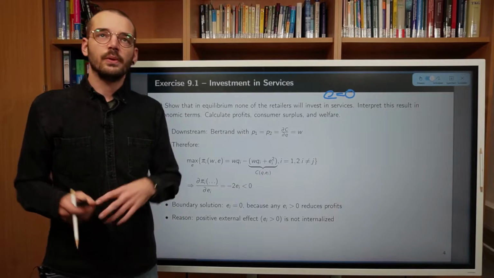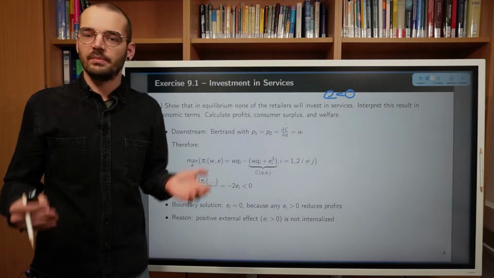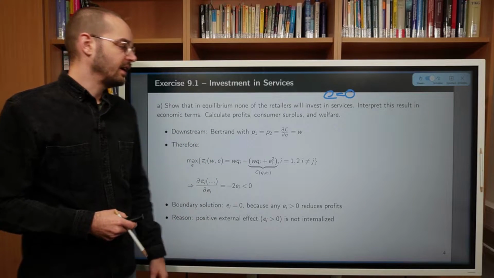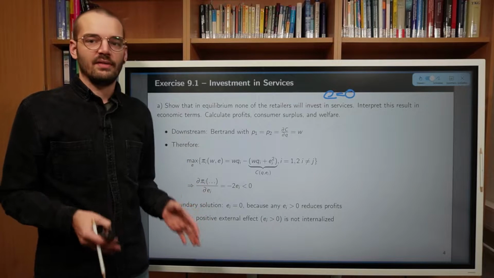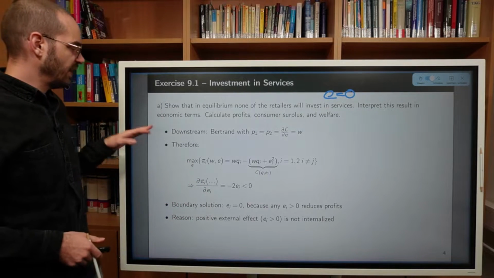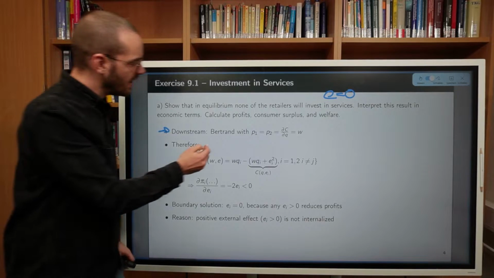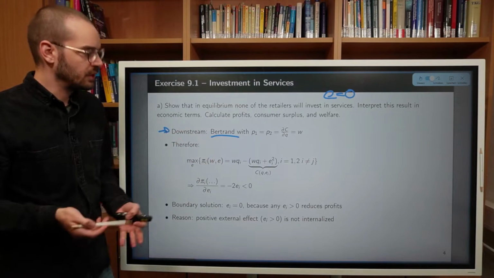As we typically do when we are looking at these vertically separated markets, where there is a downstream level and an upstream level, we consider the downstream level first. We know that in this particular case, on the downstream level, we have by assumption Bertrand competition.